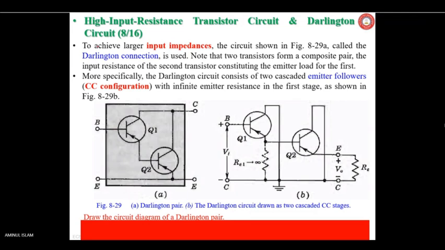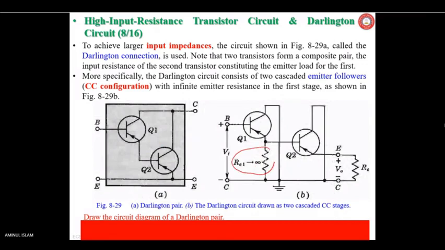In this circuit, to achieve larger input impedances, the Darlington pair is used. Looking at the Darlington circuit, it has cascaded emitter followers, with infinite emitter resistance in the first stage, as shown here.